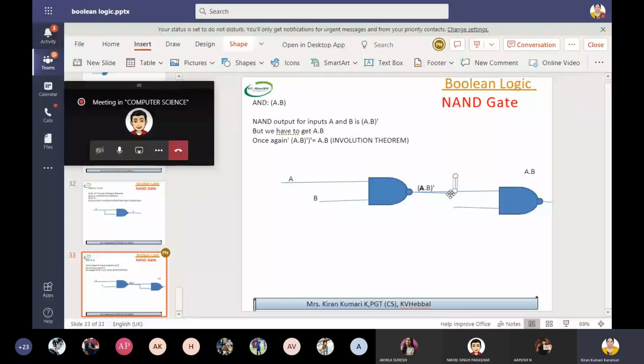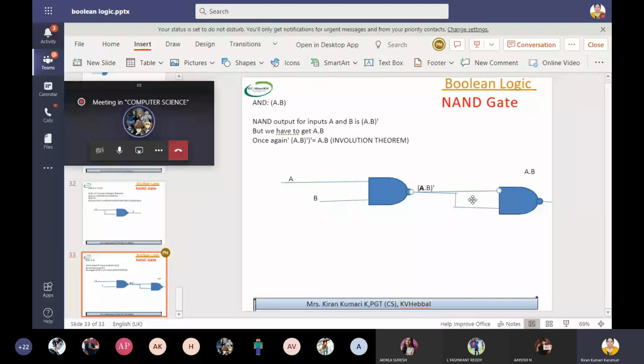Ma'am, if we pass any input from this semicircle, then it will become negation. Which one? Ma'am, if we pass any input from the semicircle, then the output will be the negation of the input. Semicircle means NAND gate, you mean to say? Yes, ma'am.